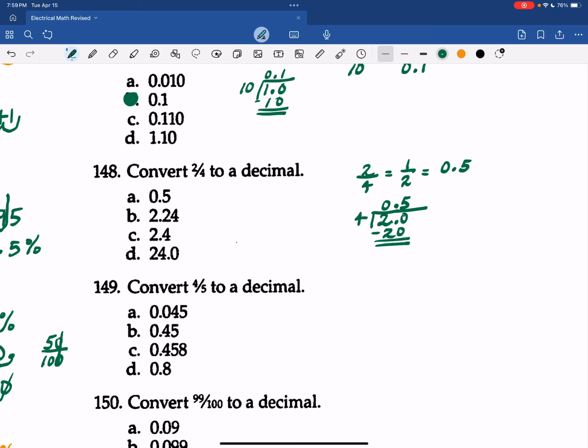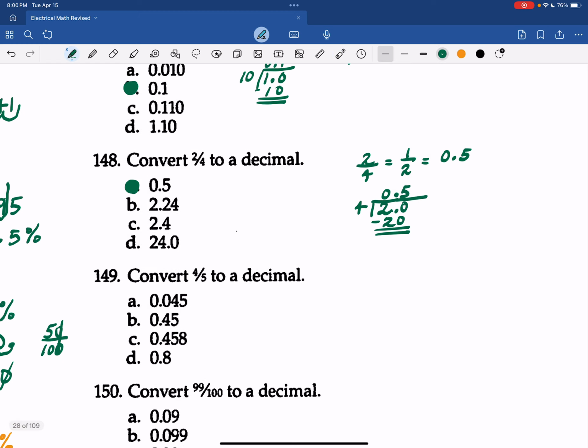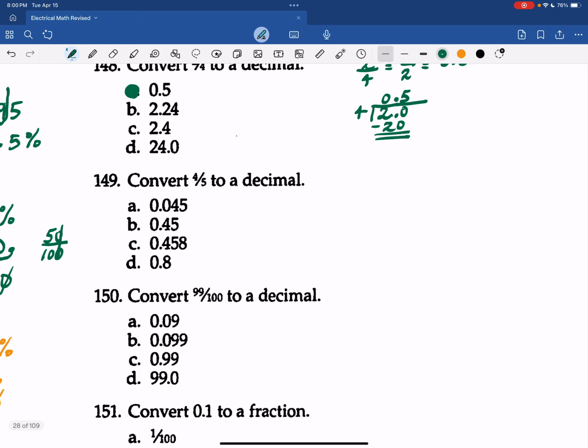However you do it, that's the answer you want. For me, I know that 2/4 is a half. I'm seeing it this way. You could also think 2/4 of a dollar is 50 cents. Whatever works for you. All right, convert 4/5 to a decimal.